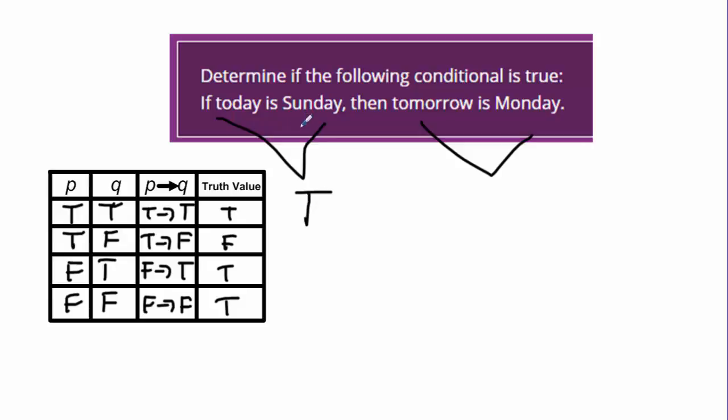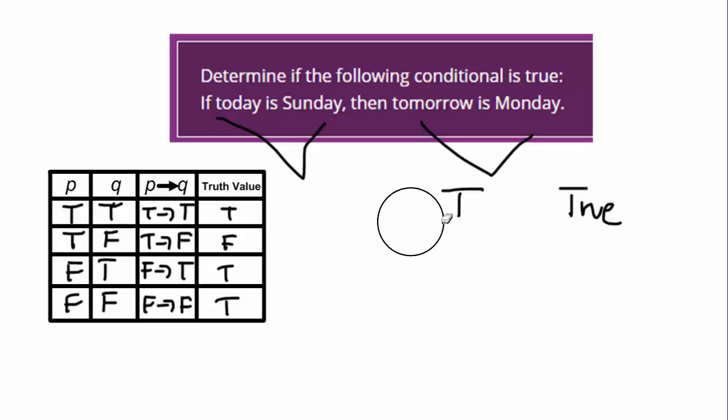So if it is true that it's Sunday, will it be true that tomorrow is Monday? Well, yes, that is actually true. So since I have a conditional where my hypothesis is true and my conclusion is true, then I know that the truth value is true for this conditional. So this is in the case if it was correct that today is Sunday. Alright, so it would have a truth value of true.